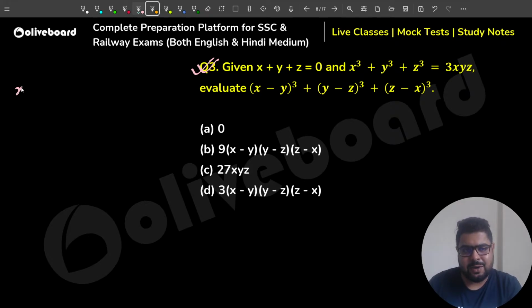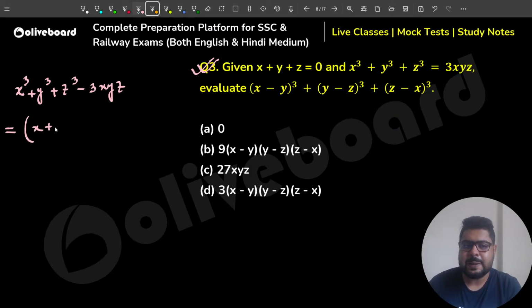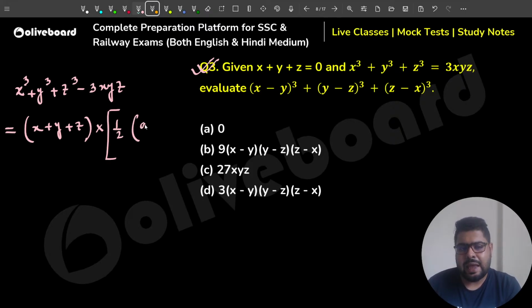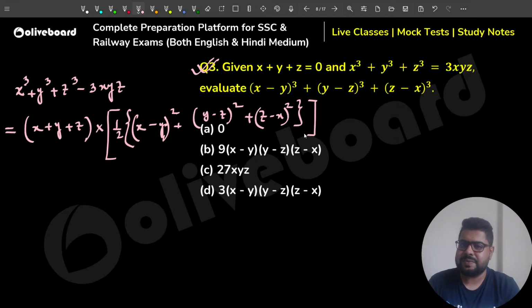Sir, if anyone knows x cube plus y cube plus z cube minus 3xyz, that can also be written as x plus y plus z into half of x minus y whole square plus y minus z whole square plus z minus x whole square. Correct? This can also be written.